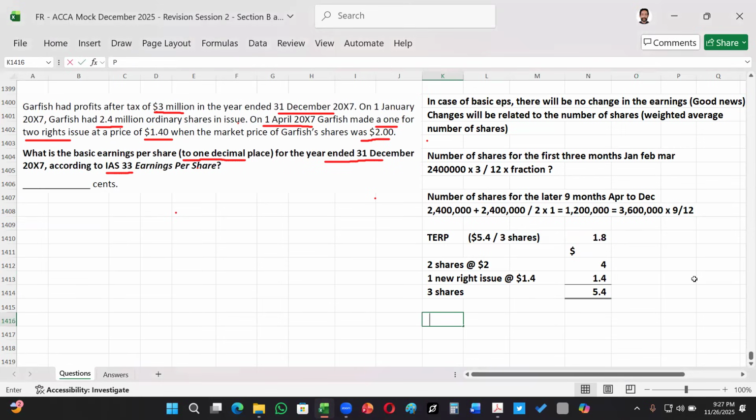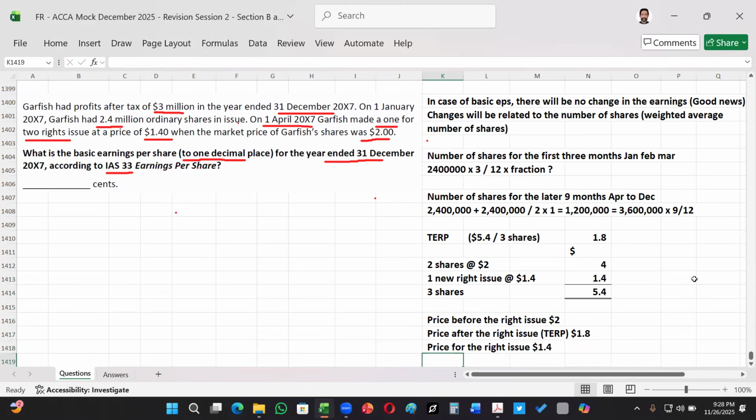So we would say the price before the right issue is $2. The price after the right issue is the one that we have just calculated, the theoretical exercise price, that is $1.8, and the price for the right issue that we used here was $1.4.